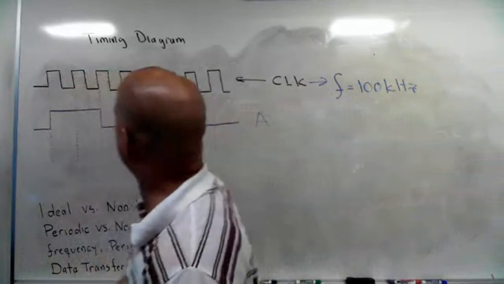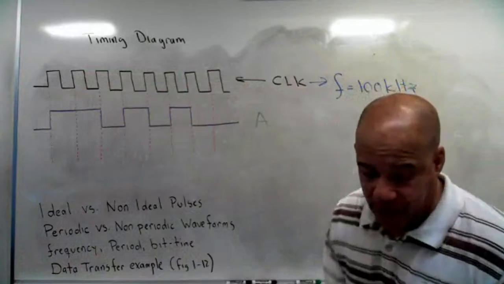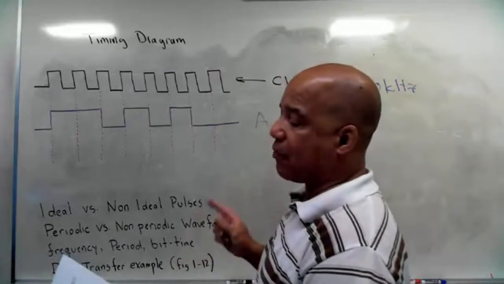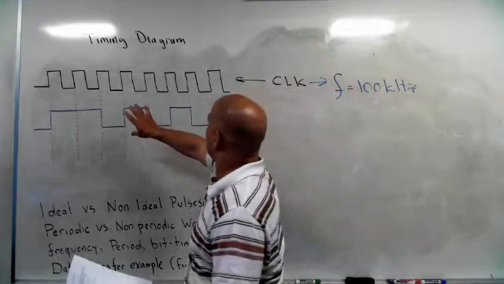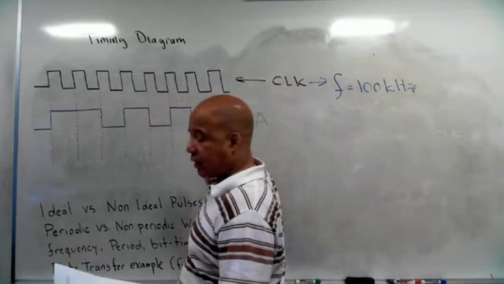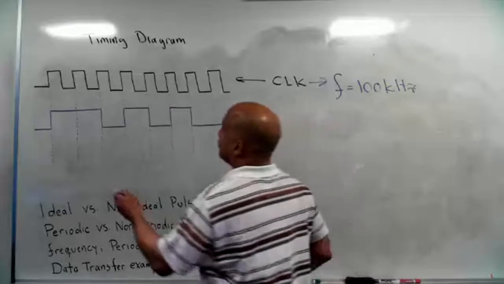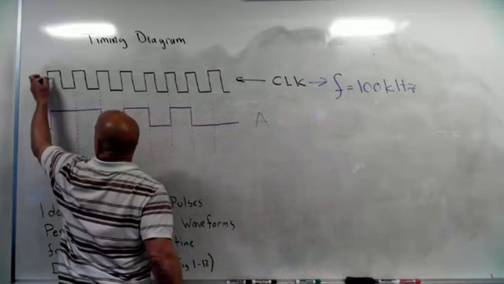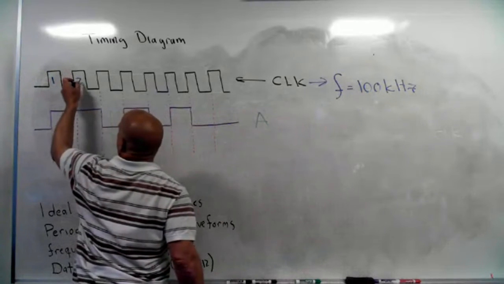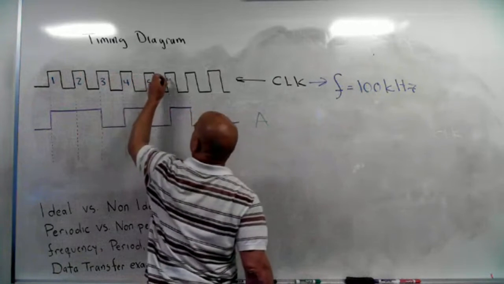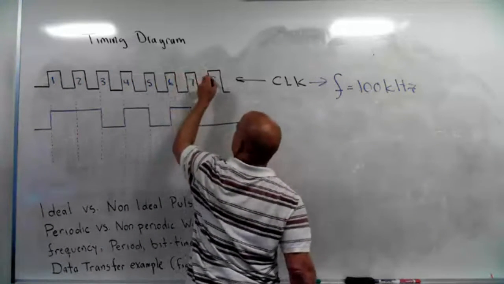So the very first thing you would do is to answer the question. And again, the question is, determine the total time required. How long does it take to transfer these 8 bits? Now I'm going to number these pulses so we can refer to them. Here's pulse number 1, 2, 3, 4, 5, 6, 7, 8.